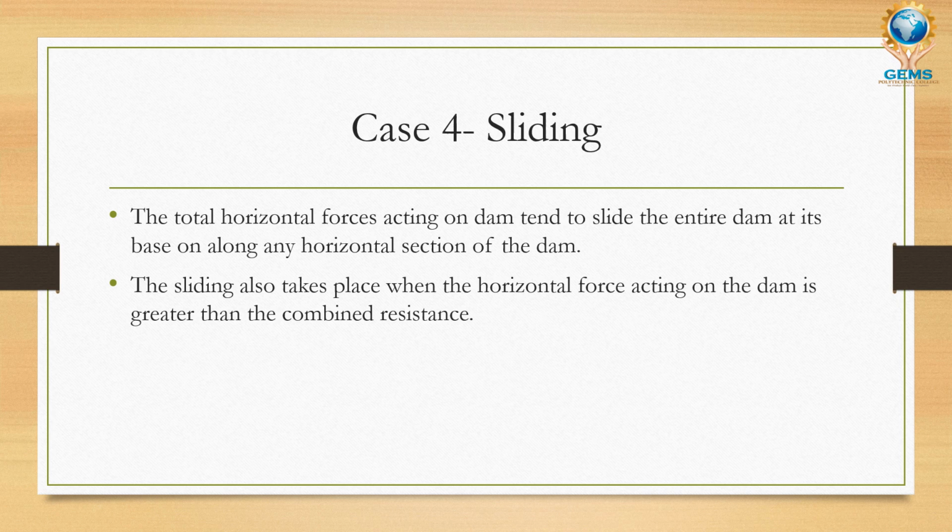If the weight of the dam is, for example, 1 ton, and the water pressure acting behind the dam, that is the horizontal force, is more than 2 tons or 3 tons, then the dam cannot withstand that amount of pressure from the water. It first tends to resist, but it cannot, because the resistance by its self weight does not match the water pressure, and finally sliding of the dam occurs and the dam fails.